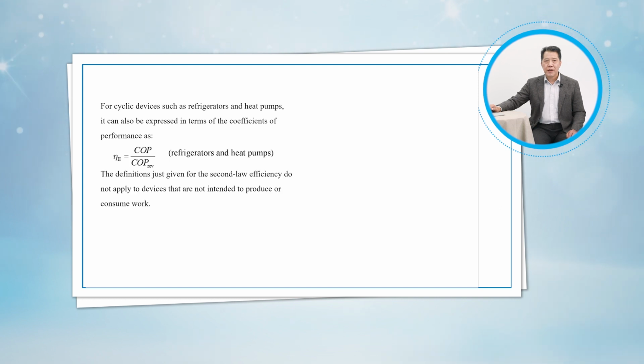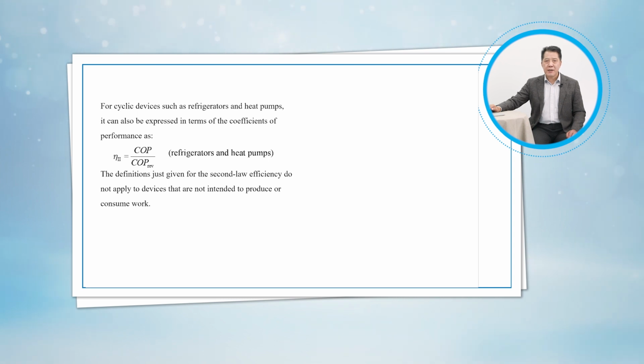In the preceding relations, the reversible work should be determined by using the same initial and final states as in the actual process. The definitions just given for the second law efficiency do not apply to devices that are not intended to produce or consume work. Therefore, we need a more general definition.